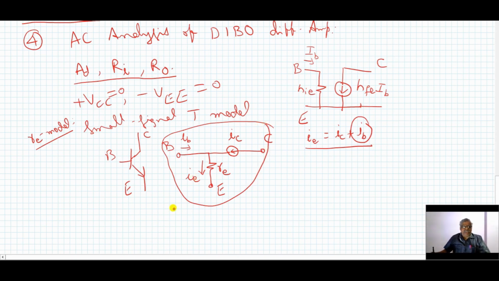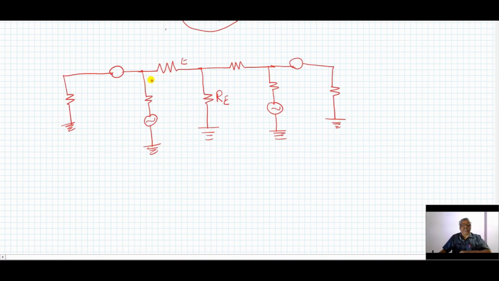And let us draw the AC equivalent circuit for that dual input, balanced output, differential amplifier. The AC equivalent circuit is shown like this. Here this is for transistor 1 and this is for transistor 2. So I name the terminals.